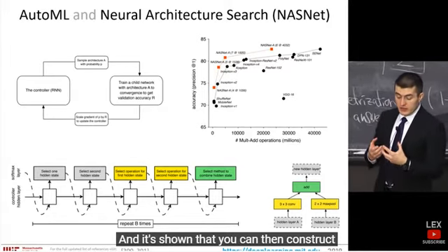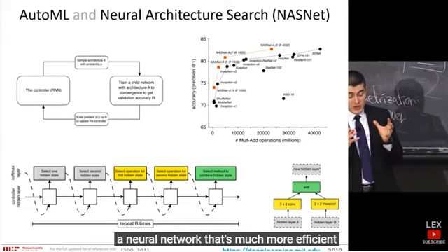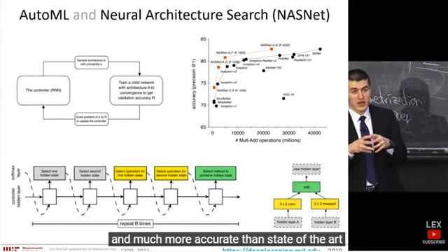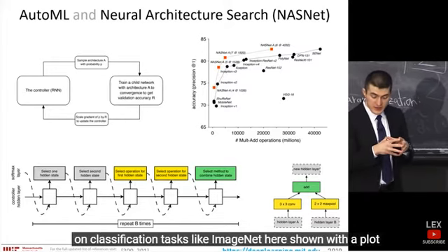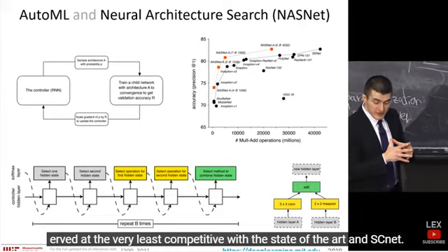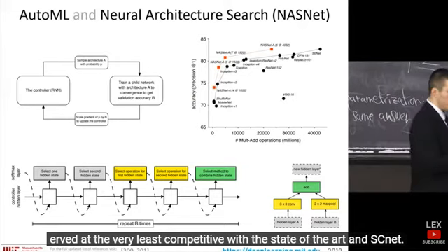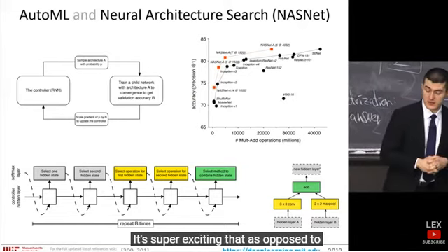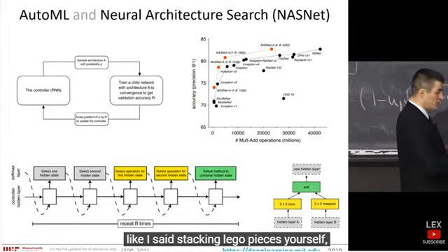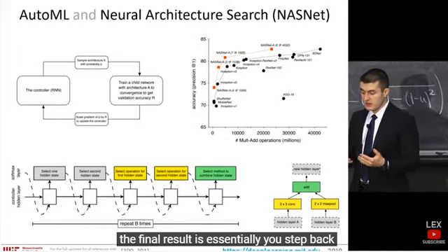And it's shown that you can then construct a neural network that's much more efficient and much more accurate than state-of-the-art on classification tasks like ImageNet, here shown with a plot, or at the very least competitive with the state-of-the-art in SCNet.